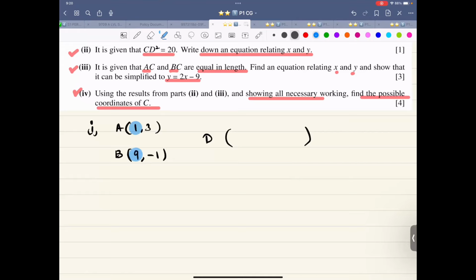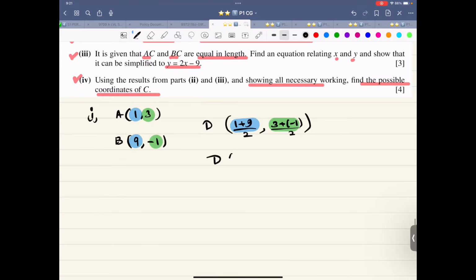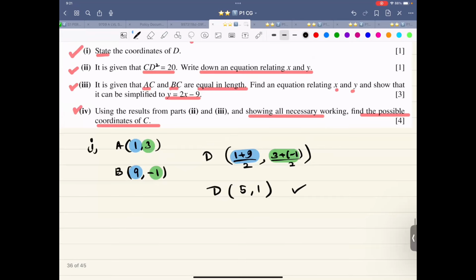So take these two, take the average, take these two, take the average. So 1 plus 9 divided by 2, write down the step, and 3 plus negative 1 divided by 2. So D comes out to be 5, and 2 over 2 is 1. That is the answer of part 1.